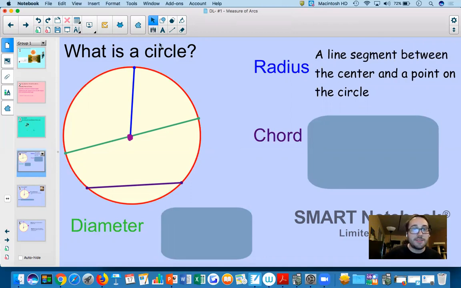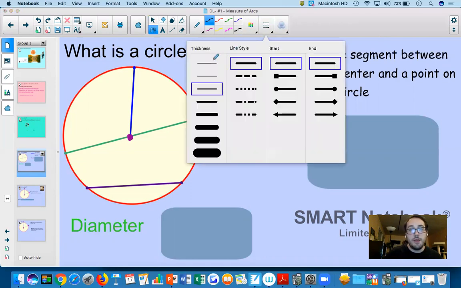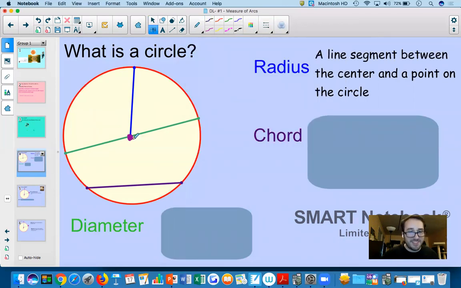So I'm going to make this a little bit easier for all of us, and I'm going to label my circle. Now, typically, the center of a circle we label as C, or we label it as the letter O. That's just standard. C for center, O because it looks like a circle. And then I'm just going to name these randomly. Doesn't really matter.